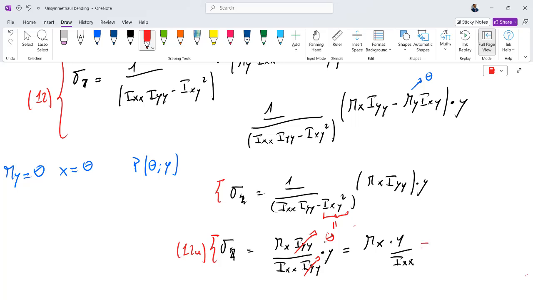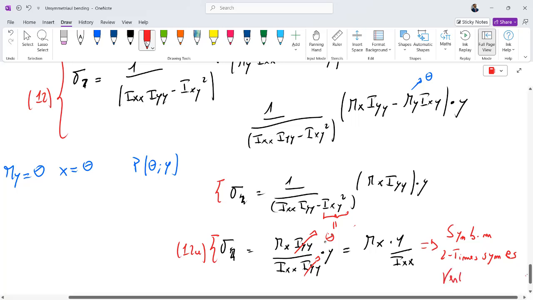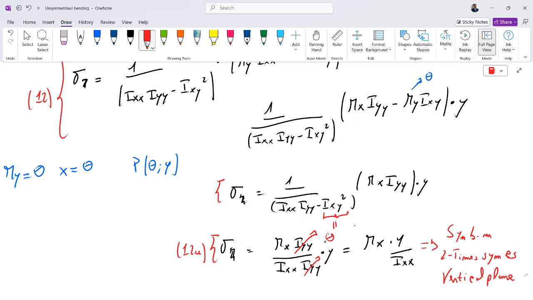for a symmetrical bending moment, a 2 times symmetrical cross section, and clearly with the moment applied in the vertical plane, for instance in this case. So if we have all these three hypotheses verified, we can apply this formula.